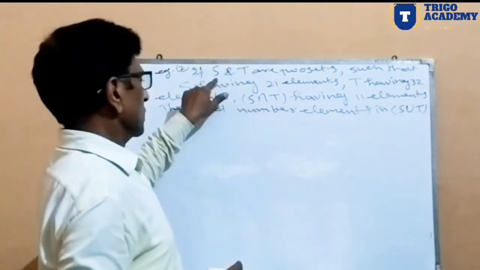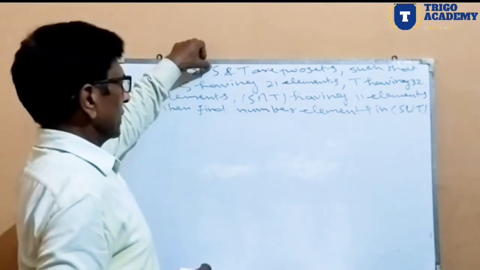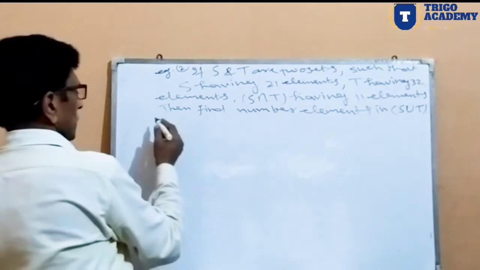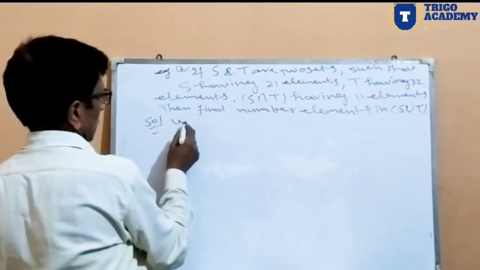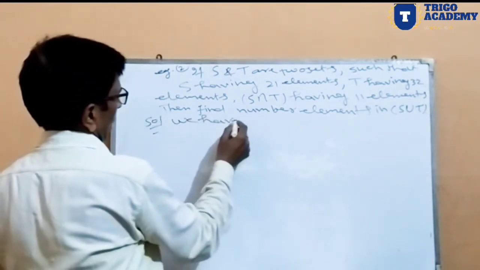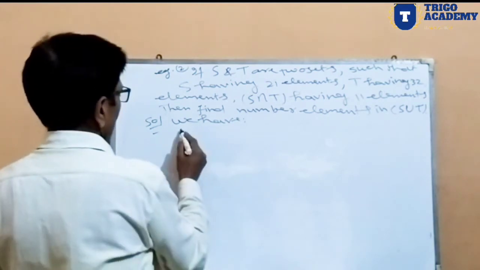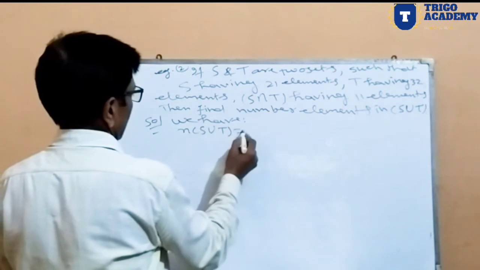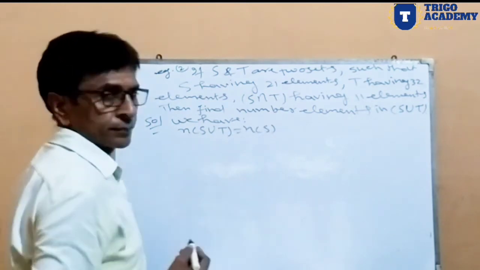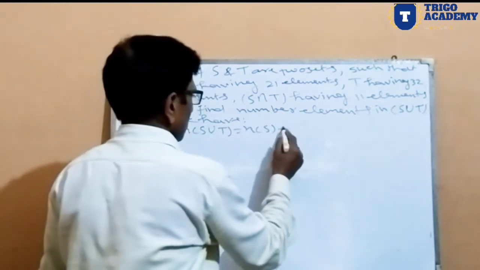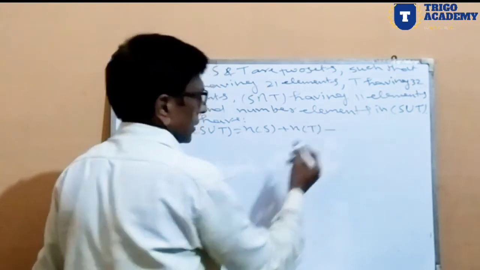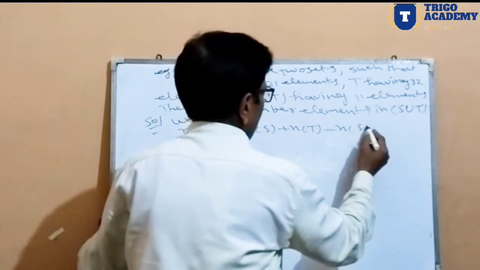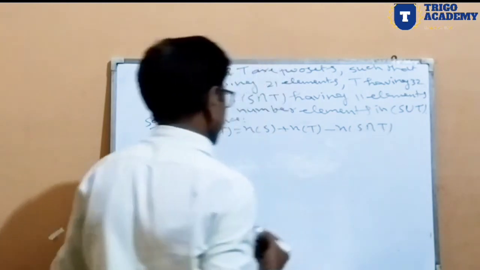Here in place of A we will take S and in place of B we will take capital T. So we have n(S union T) equal to n(S) plus n(T) minus n(S intersection T).